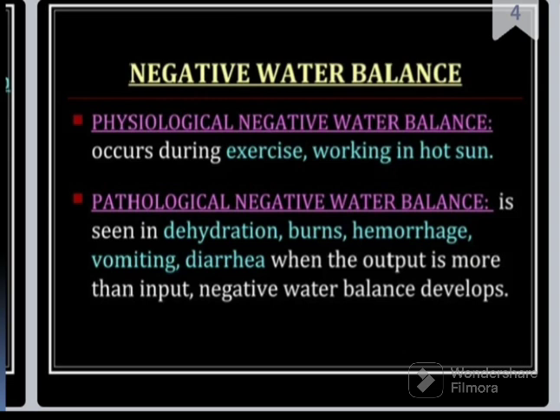So the implication of this is dehydration. Alright? Dehydration. The body cells are lacking water. So the cells are dehydrated, tissues are dehydrated. Such a patient will require infusion. So you give the patient normal saline to normalize the water deficit in the body. Alright?